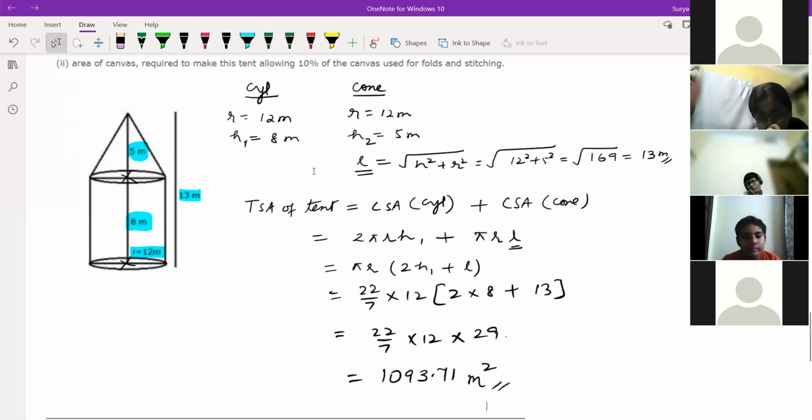Next question: find the area of canvas required to make this tent, allowing 10% of the canvas used for folding and stitching. See how much area we're getting here, no? So 10% extra you should add over here, right?